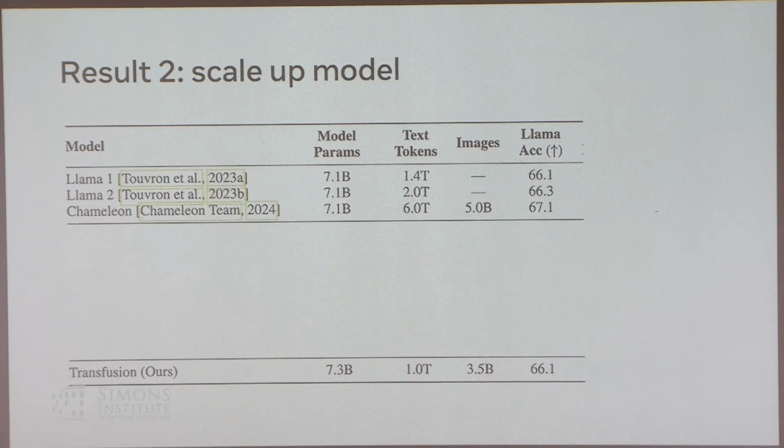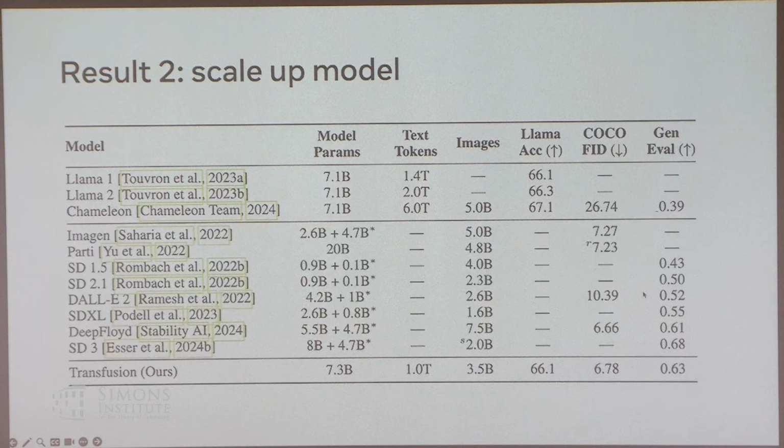Here are, just for reference, comparable training scales at the time. This is accuracy on a whole bunch of benchmarks, and we're doing as well, which is great. So we're doing well on text. Then we can also compare it to what were really good image generation models at the time.